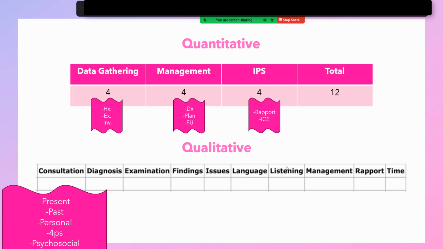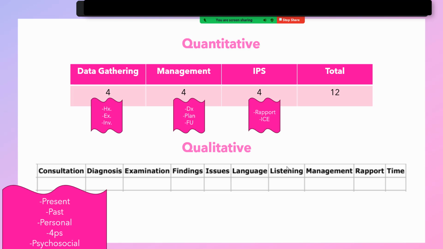In terms of listening, you should show active listening. What is active listening? Active listening is picking the verbal and non-verbal clues. The verbal clues are everything the patient says. The non-verbal clues are everything the patient does.